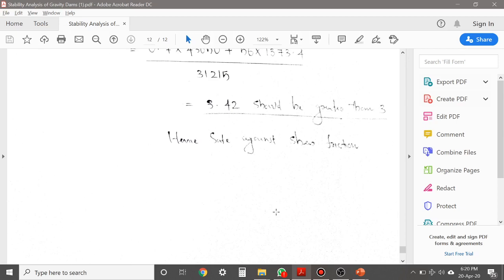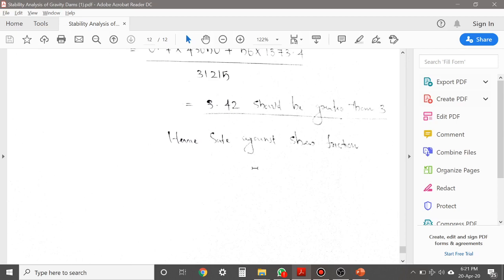I will give each one of you a different situation like upstream and downstream water levels, whether there will be a drainage gallery, and the distance of the drainage gallery will be varying. Similarly, I will give each one of you different cases, and you have to work out the stability analysis criteria. The details of that particular problem will be explained later.